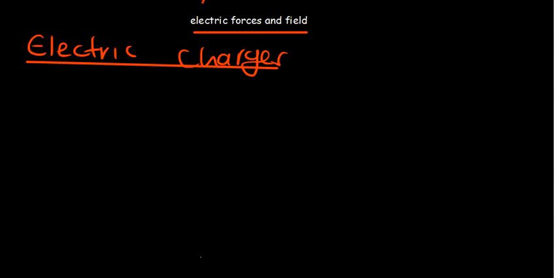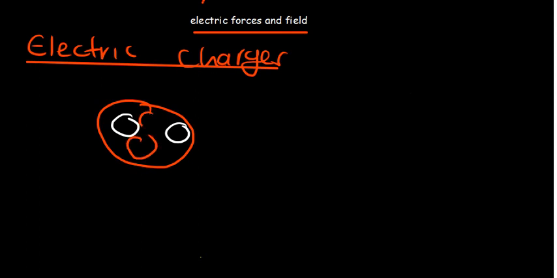Let me just draw. We know that inside the atom we are going to have protons and even neutrons. Here I'll have two protons and two neutrons.